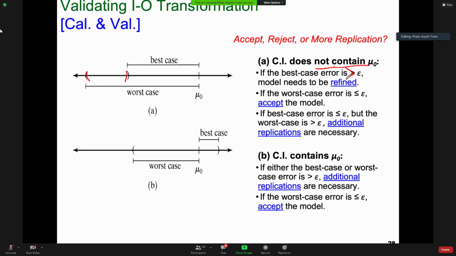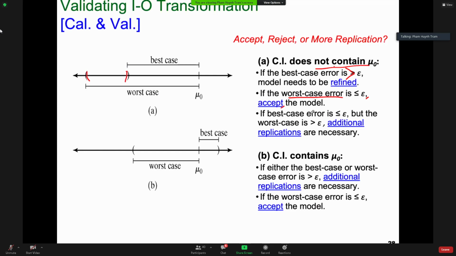Our model is invalid. We need to check the logic, check the data input, and refine it until we get a valid one. If the worst case error is smaller than epsilon, we can accept the model. The worst case error being smaller than epsilon guarantees all other cases in our confidence interval are smaller than epsilon, so we accept.